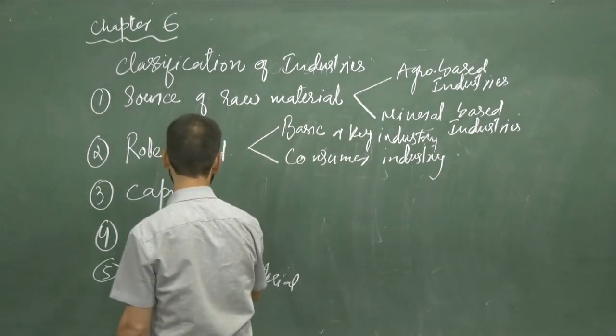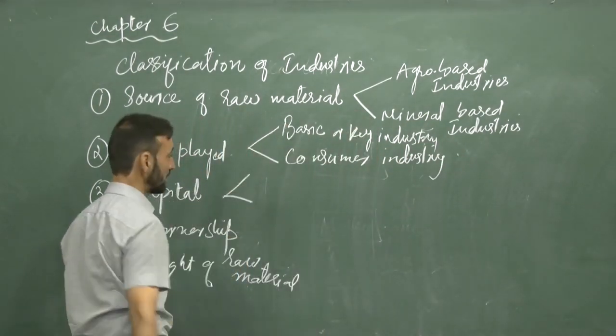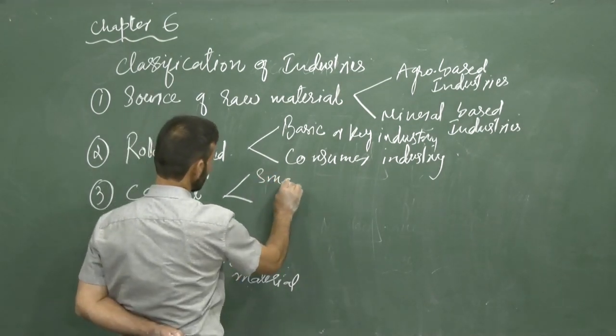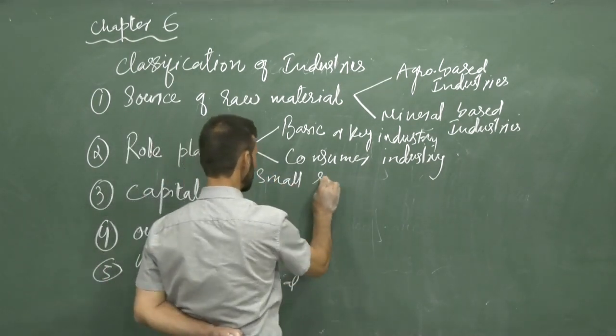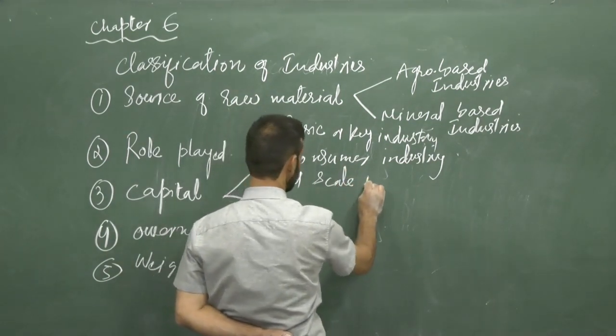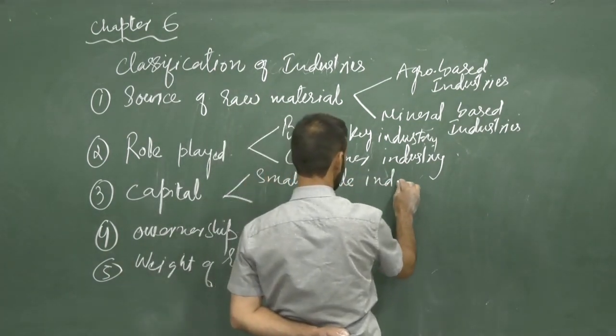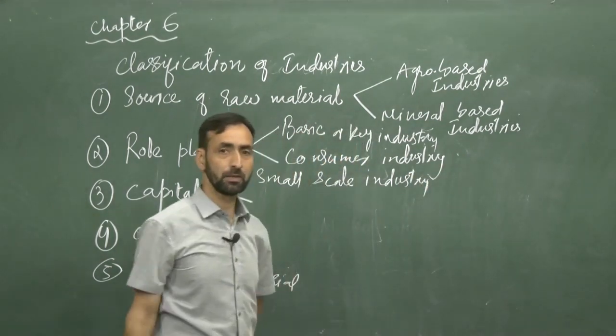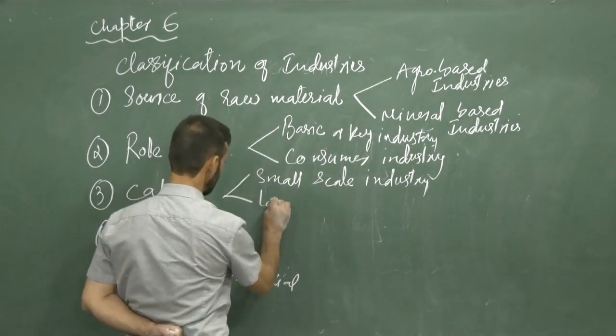On the basis of capital, industries have been classified again into two: small scale industry and large scale industry.